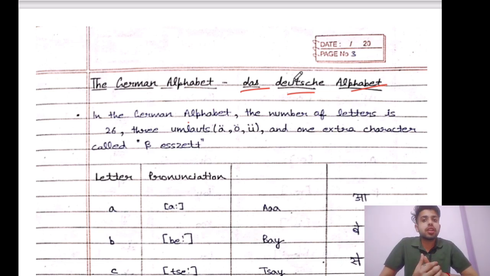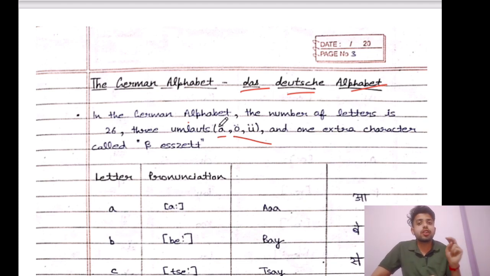In the German alphabet, the number of letters is 26 as in English, plus 3 umlauts, and there is an extra character also. The first 3 are umlauts: Ä, Ö, Ü. Umlaut means if we apply 2 dots above these 3 letters, they become umlauts. And one extra character is called Eszett.